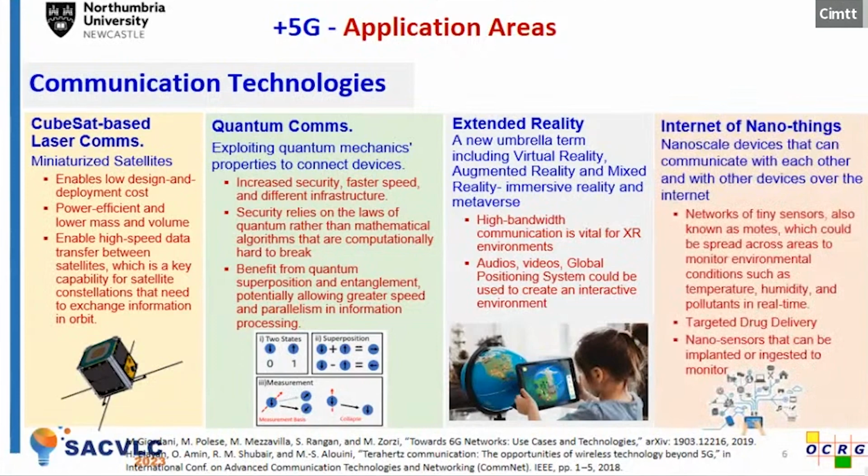Moving forward, the Internet of Things and nano things: a lot of research is going in that direction, where you look into nano things, for example a nano sensor that can be nodes monitoring the environment. It can be used for drug delivery, where you want to target cells in the human body at the nanoscale, so we seek that way of communication and look to the Internet of Nano Things, where you want to provide communication to these nodes and cells at a different level.